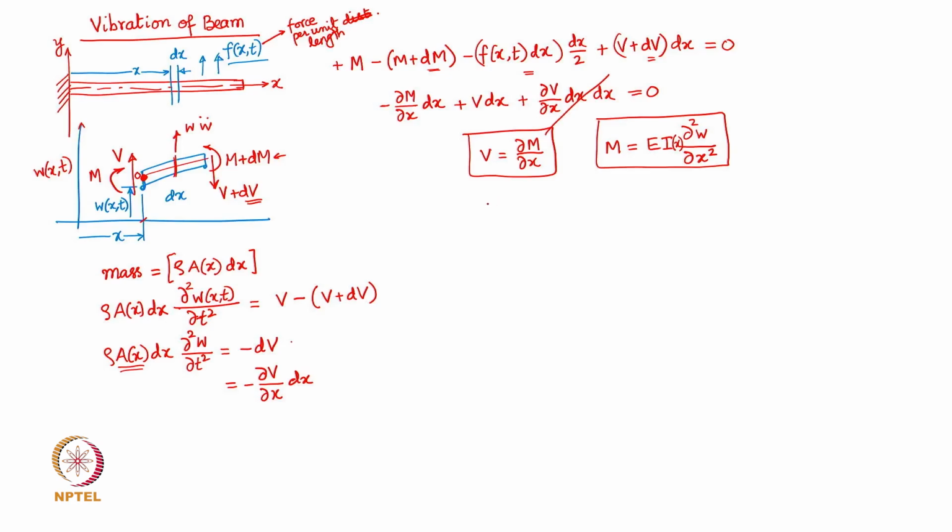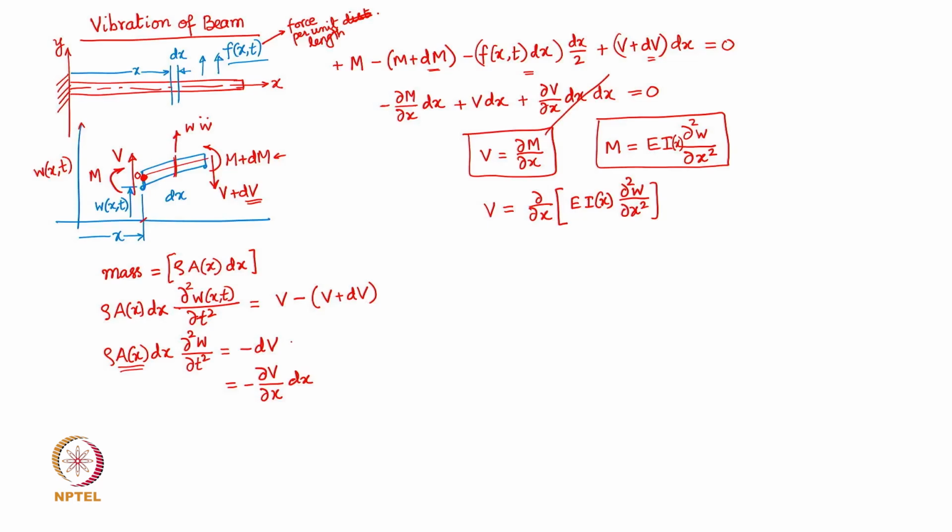With this I can write V as dou by dou x of E I(x) dou 2w by dou x square. It is implicit here that w is a function of both x and time.